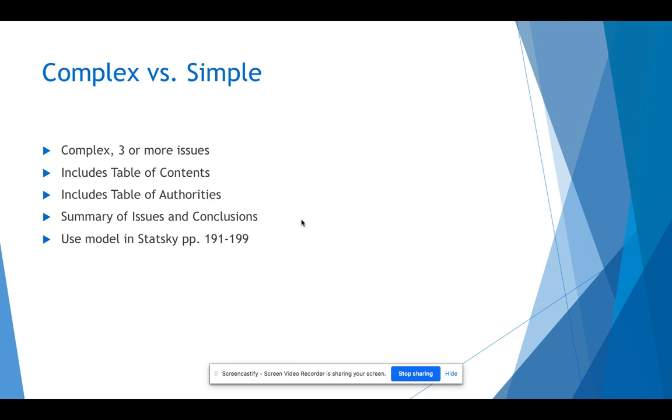So you have your topic headings, and it should be brief. Look at figure 16.5. Have all your topics and then the page that it appears on. Obviously, you can't complete your table of contents until after you write your paper because you don't know what page everything is going to be on. But it's kind of a start of an outline for you.